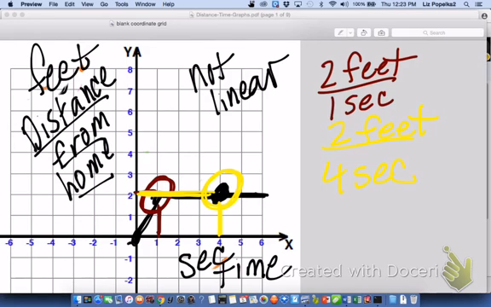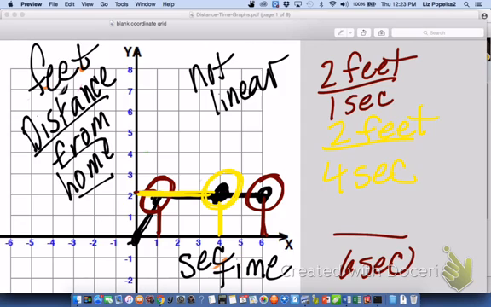If I look at another coordinate right here, I've traveled for 6 seconds. I can see that because it matches up right there. But I've still only traveled 2 feet, because it is still only sitting across from the 2 along the y-axis.